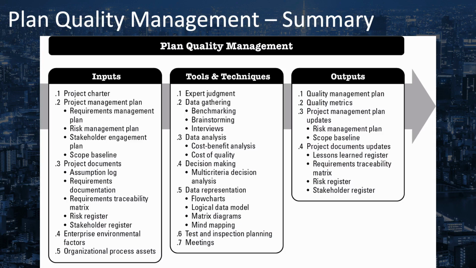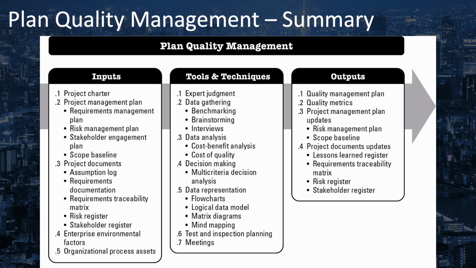It can inform also your lessons learned, and you may discover new stakeholders and new stakeholder needs as you're exploring quality that need to be recorded in your stakeholder register, new risks and new aspects of risks that need to be recorded in your risk register, and updates to your requirements traceability matrix for quality testing and tracking.